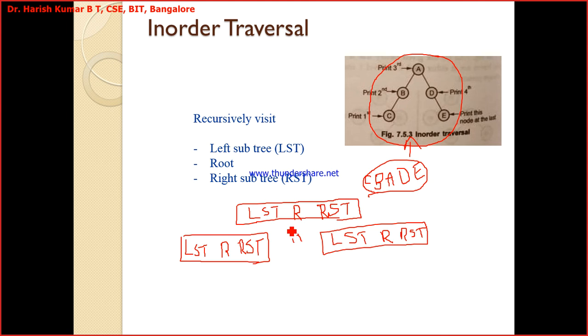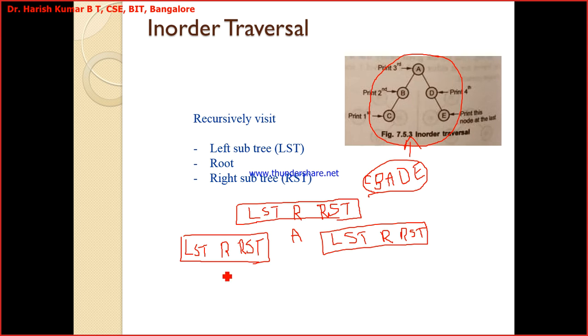Now, A I have written. Next, if I come to A, what is the left subtree? This is the left subtree, and the root node for the left subtree of A is B. Following? Yes, sir.